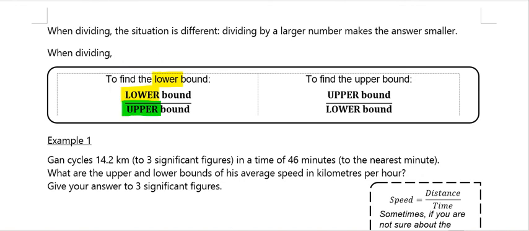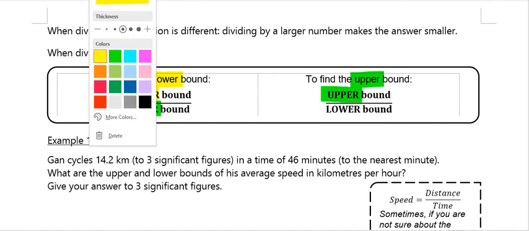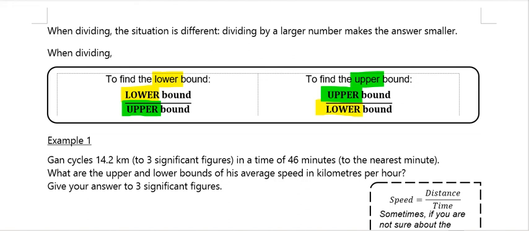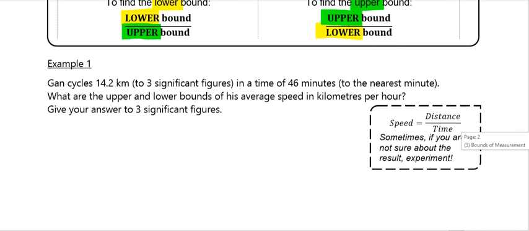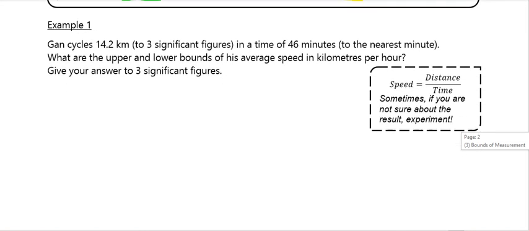And to find the upper bound of a division, you start with the upper bound of the first quantity divided by the lower bound of the second quantity. Now this formula, it seems like you do not know what to use it for, but later in some real life examples, for example speed, you are going to use it. So let's begin with example number 1.